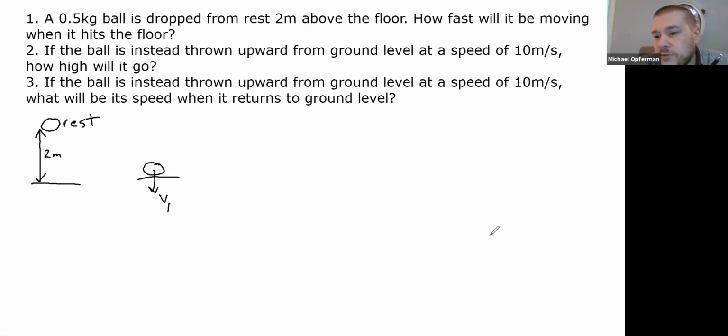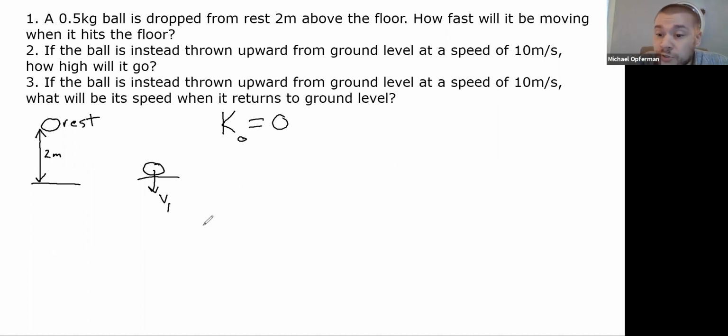The next thing I need to do is write down the energy for the initial state and write down the energy for the final state. So for the initial state, we have kinetic energy equals 0 because it's at rest. What about the potential energy? Now, here's where that h equals 0 point comes in. Before I can write down the potential energy, I need to make a choice.